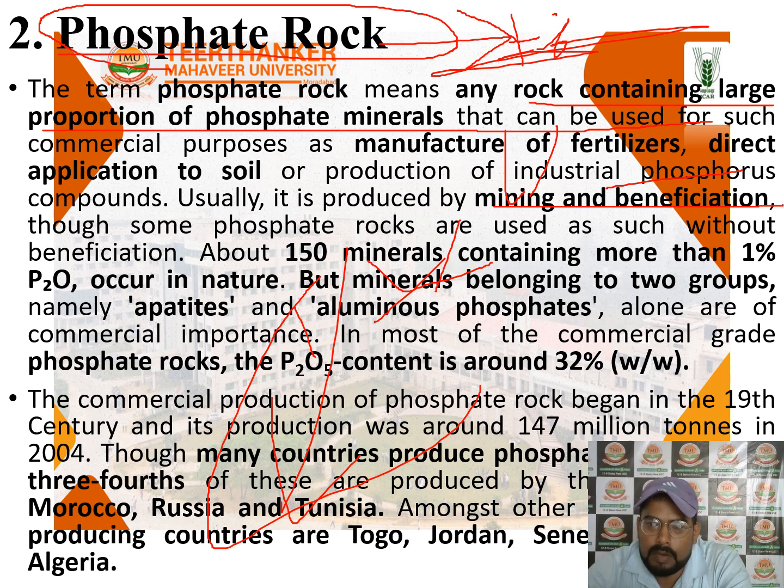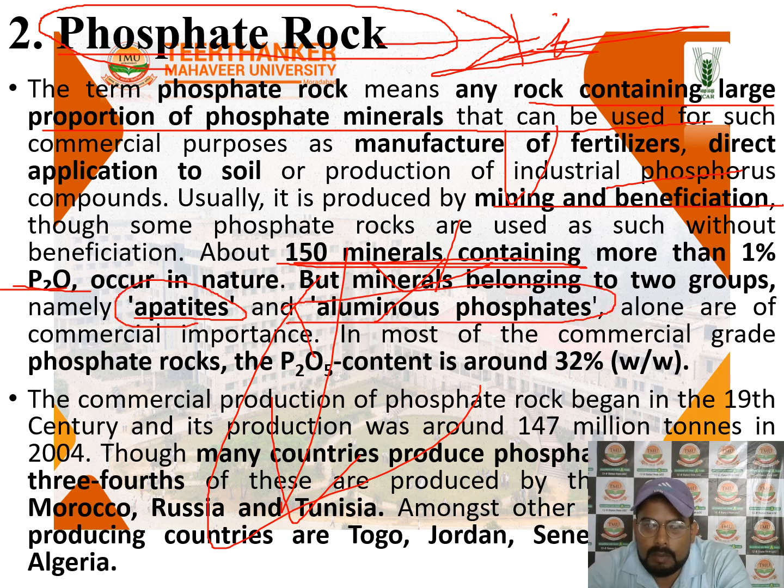Phosphate rock can also be used without beneficiation. About 150 minerals contain more than 1% phosphorus, but they belong to two groups, namely apatites, the cheapest source, and aluminum phosphate.